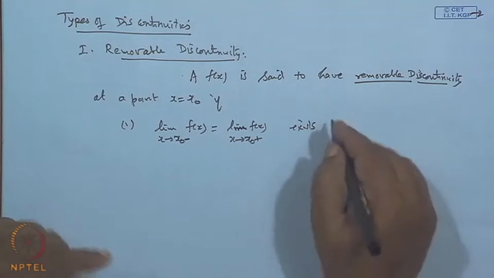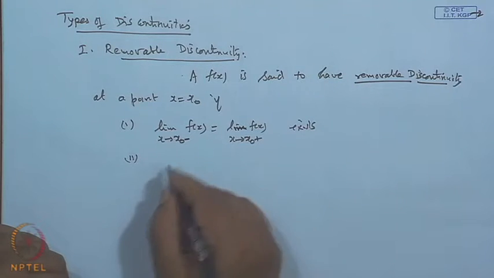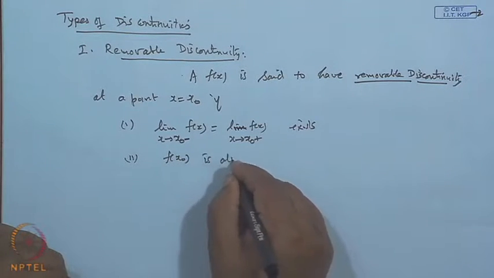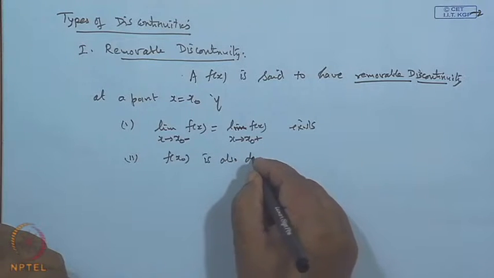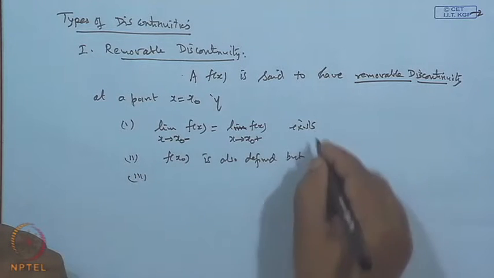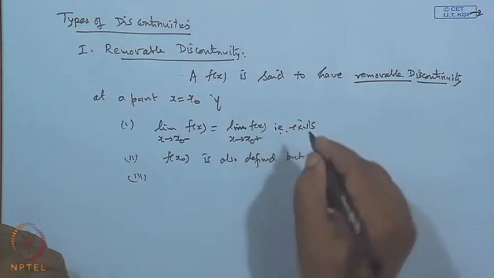So, the limit exists. And the second one is that the functional value f(x naught) is also defined, but the third is the limit exists.